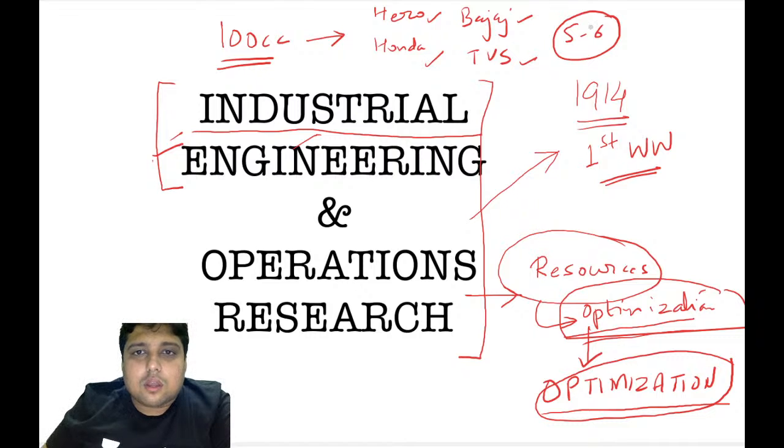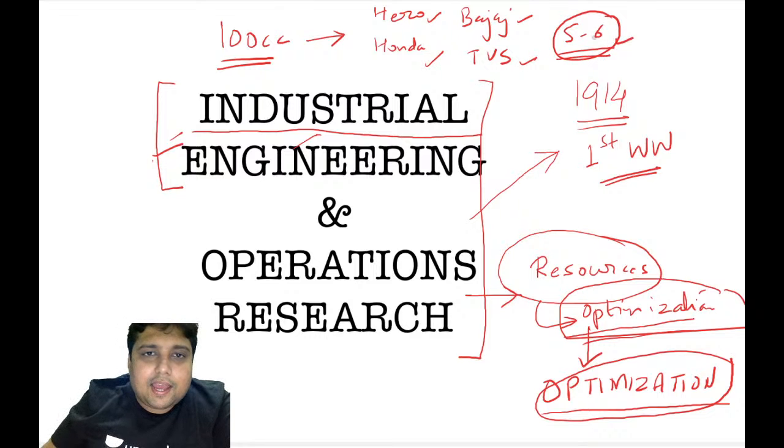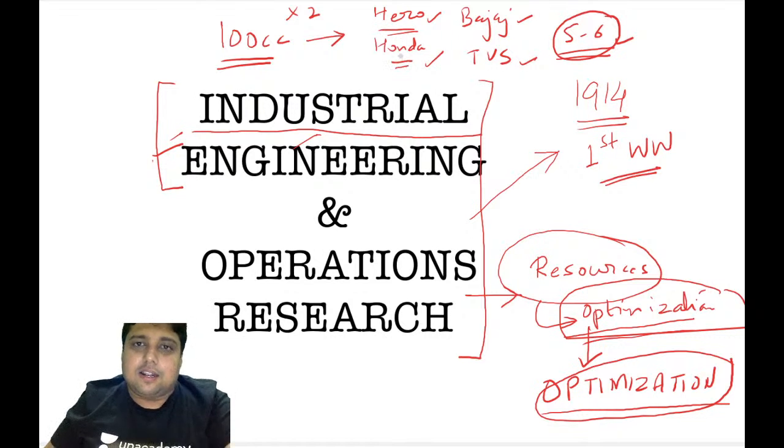And you know what? Even in terms of companies, we have 5 or 6 options. Each one of them has at least 2 to 3 motorcycles in the 100cc portfolio. Like Hero, they sell Splendor, they sell Passion. Honda, they sell Shine, and some other bikes also, I don't recall the names. Bajaj sells CT100 and some XCD120 and something.